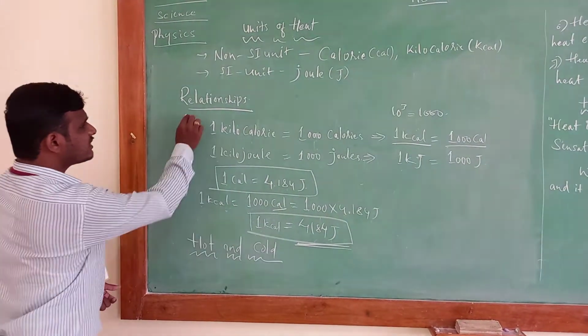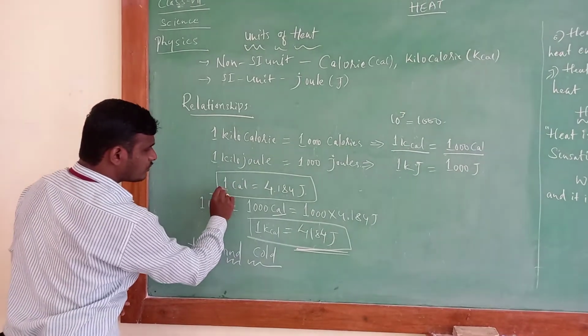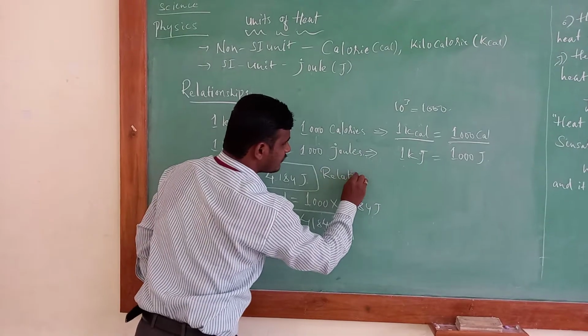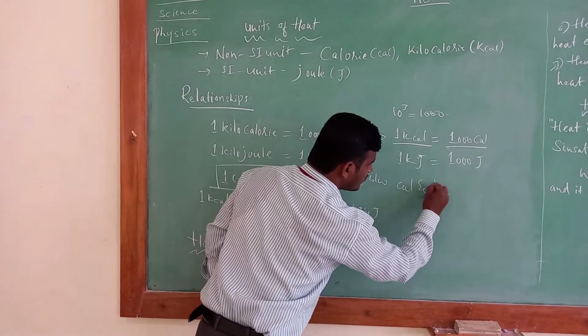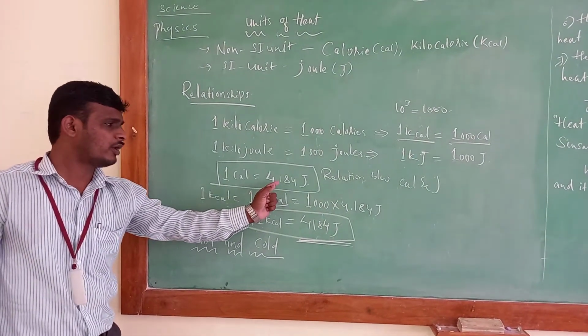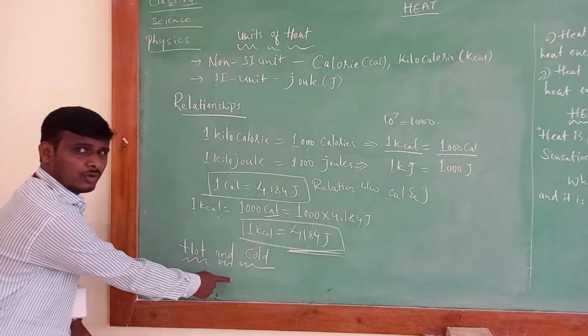This is the relationship between calorie and joule, where 1 calorie is equal to 4.184 joules.